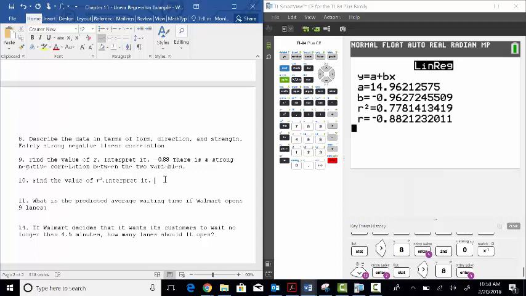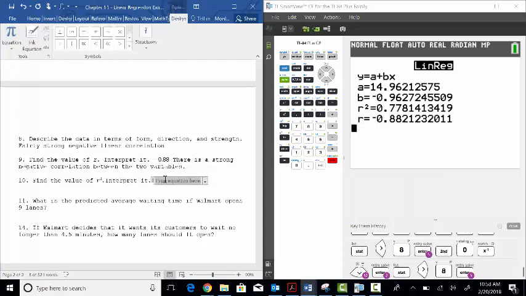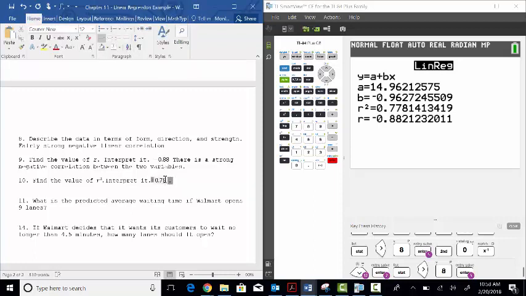All right, so the next question says, what is our R squared value? Well, R squared in this case is 0.78 to be precise. All right, and so that R squared value is telling you how much of the variation in Y can be explained by the least squares regression line.